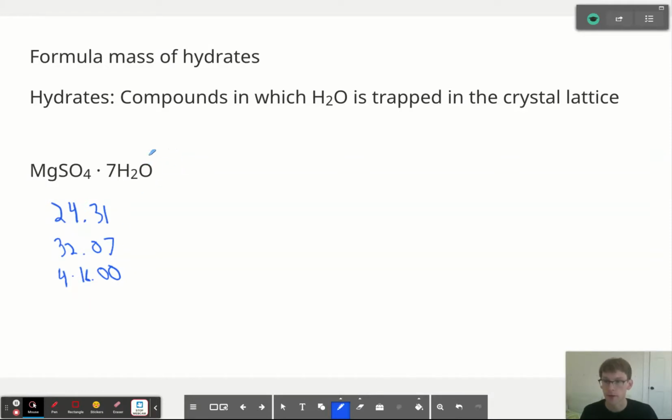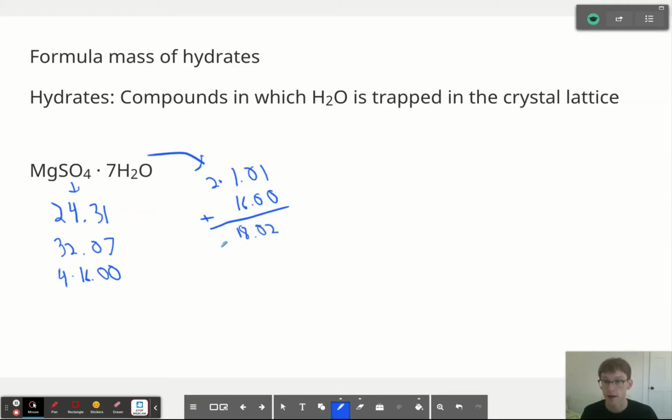So I'm going to separately go like this. We have hydrogen is 1.01, and we'll say 2 times that for each 2. And the O is going to be 16.00. So that brings us to 18.02.